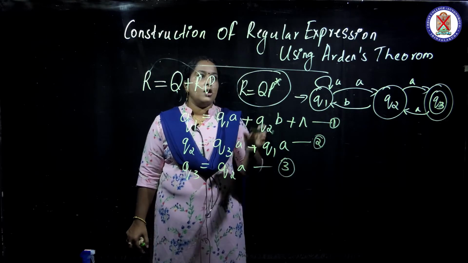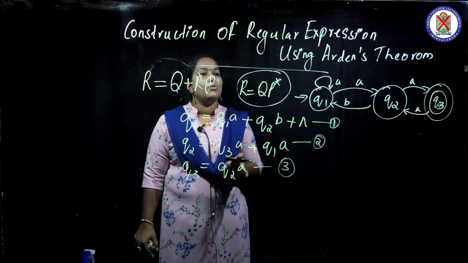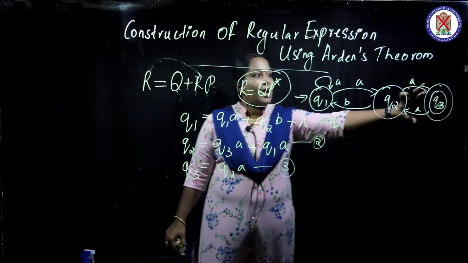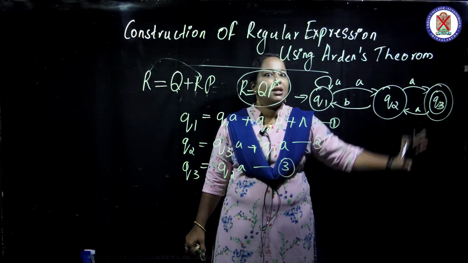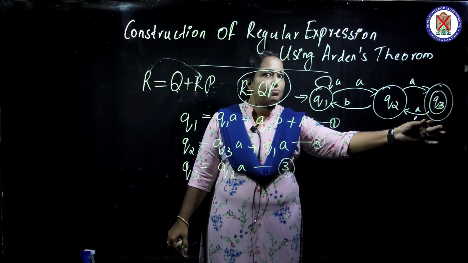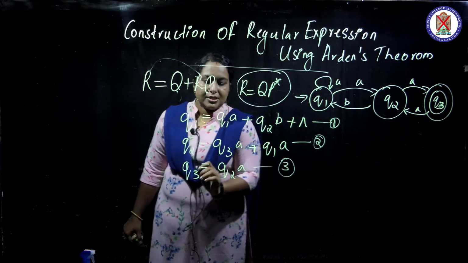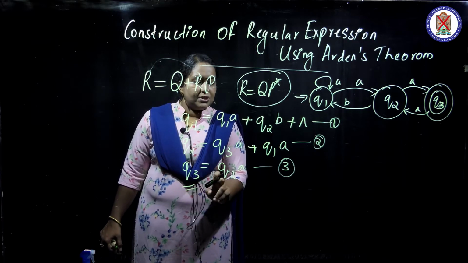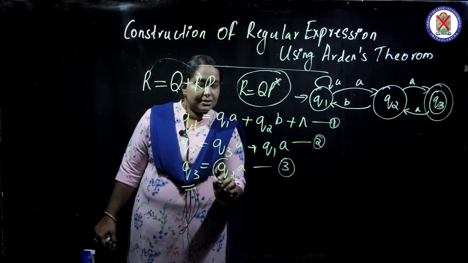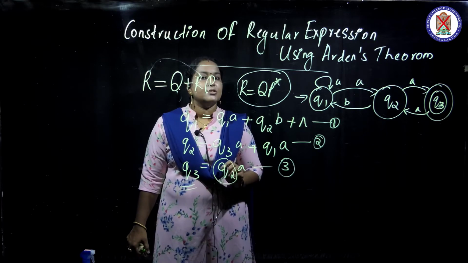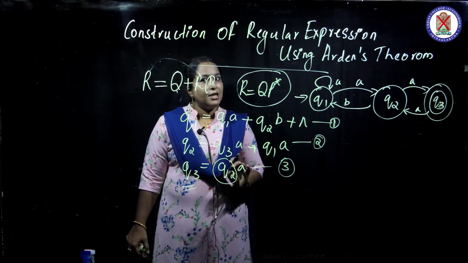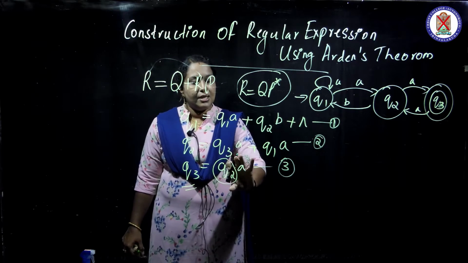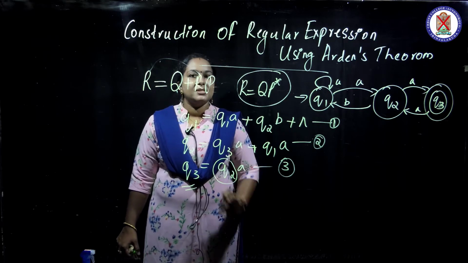Now to get a regular expression using Arden's Theorem, you must look at the final state. We want to build the regular expression corresponding to the final state. Q3 is the final state, but to solve Q3 there is one variable here, isn't it? In a regular expression there will be only terminal symbols, no non-terminal symbols, so you must avoid this.